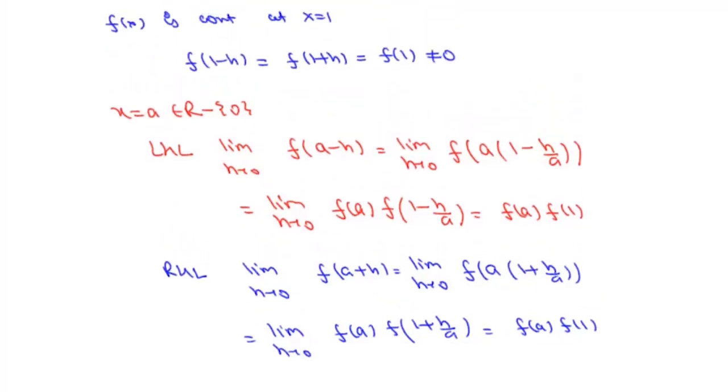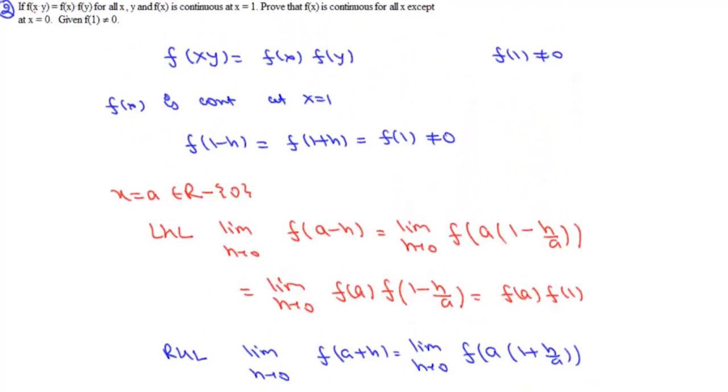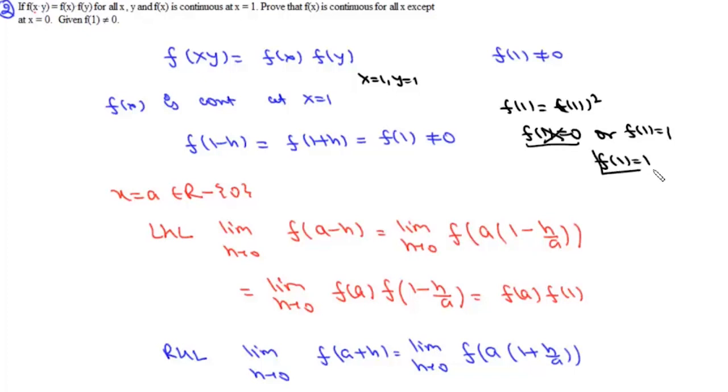Now if we look at this function again, we are given that f(xy) equals f(x) into f(y). Now if we put both x as 1 and y as 1, we can write f(1) equals f(1) square, which is a quadratic in f(1). So from here we'll get this condition that either f(1) is 0 or f(1) is 1. Now f(1) is unequal to 0, it is given in the question. So the only condition that we have here is the value of f(1) is 1.